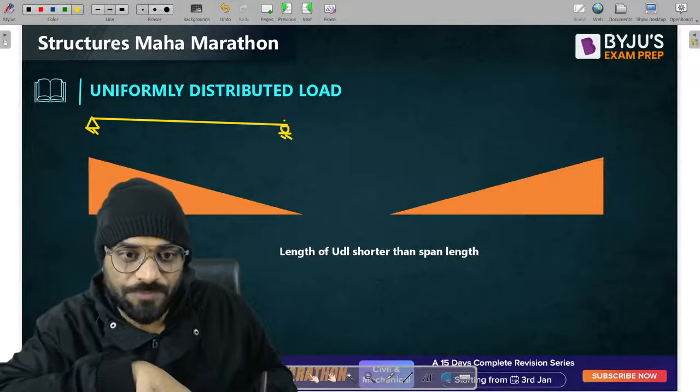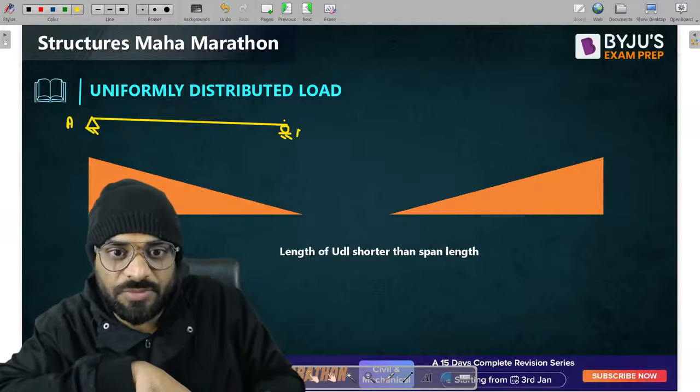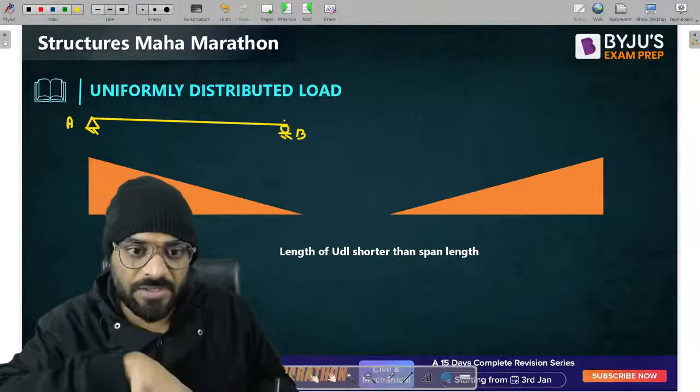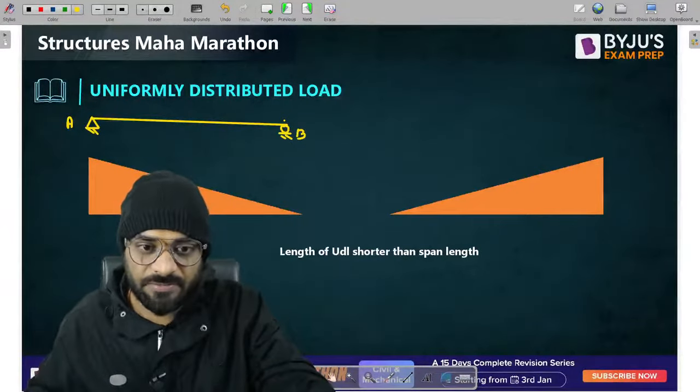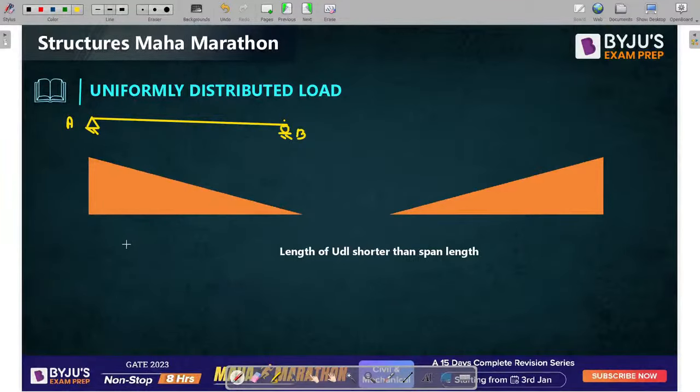So for absolute maximum positive shear force, the section is to be decided by us, right? For the absolute maximum positive shear force, what should your section be? The section should be just right of A. This is the location for absolute maximum positive shear force.